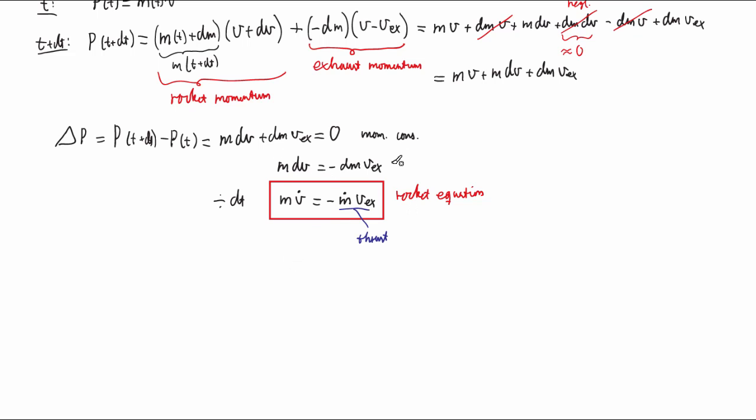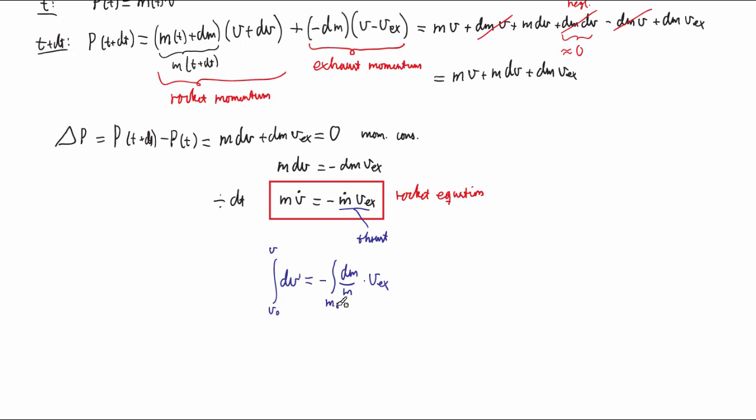However, we're going to start from this equation here, and we're going to just integrate it. But in order to do that, we will need to move everything that has to do with mass over on one side, and everything that has to do with velocity over on the other side. So we get dv equals minus dm over m times v exhaust. Now we're integrating from our initial velocity, which will be v0, and then we obtain final velocity of v.